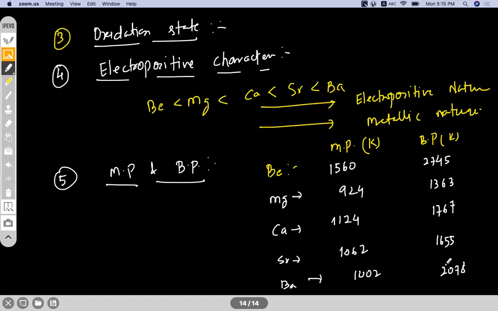Okay, so this is the trend we have for melting and boiling point. They don't ask you the entire trend, but sometimes, yes, they may ask which one has maximum boiling point or minimum boiling point, something like that. Okay, but we don't have any irregular trend over here.